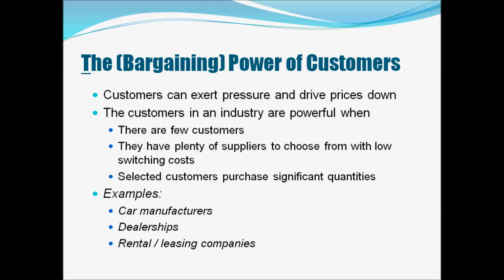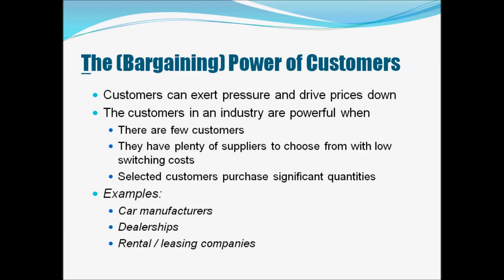When there are few groups of customers, or when the industry has few customers in general, then they have the capability to exert a certain amount of power on their suppliers. And they have plenty of suppliers to choose from, and the switching costs are low. Then obviously the power of the customers goes up automatically.